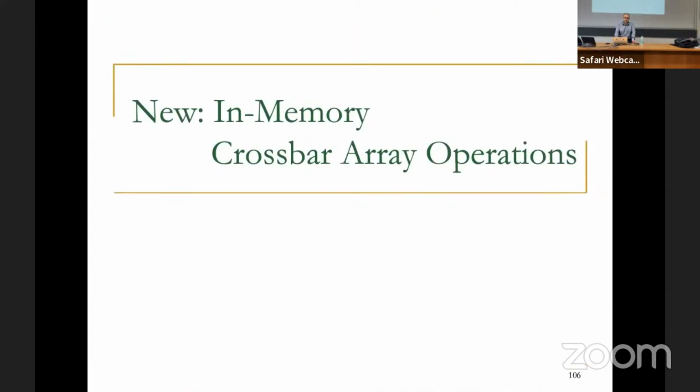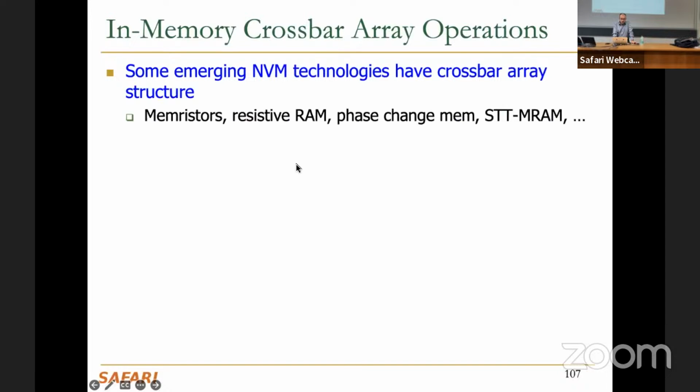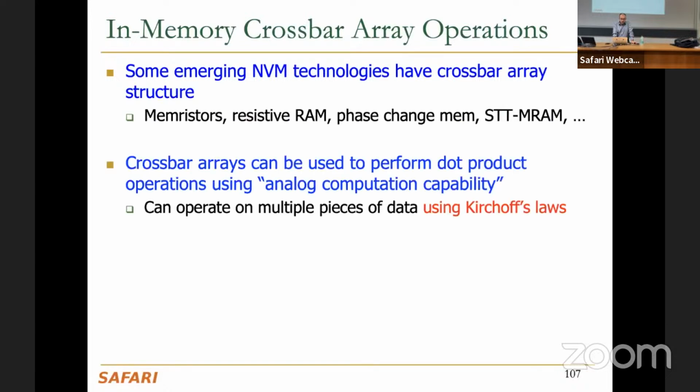But interestingly, these architectures can also do some operations that processing using DRAM cannot do easily. That's because of the way they are built, like in-memory crossbar array operations. Some emerging NVM technologies have crossbar array structure, like memristor, resistive RAM, phase change memory, STT-MRAM.